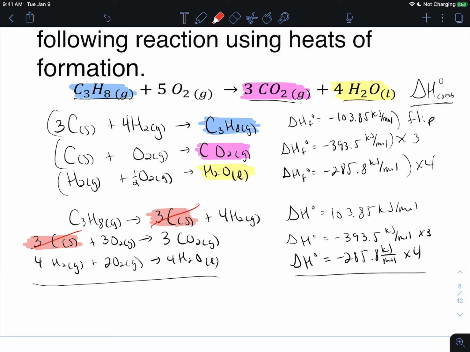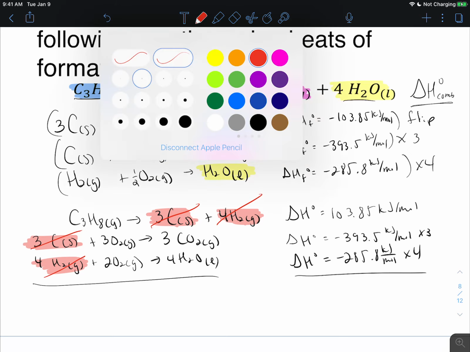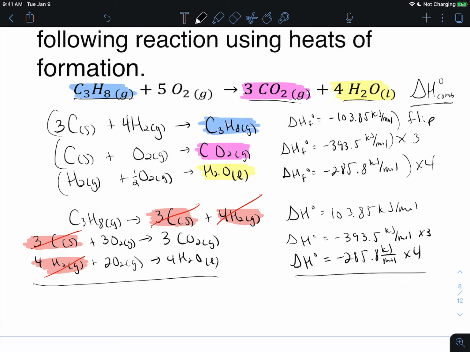And then 4 H2 molecules here, 4 H2 molecules here. They will cancel out. And then nothing else is on opposite sides of the reaction, so we can go ahead and combine C3H8 gas plus 3 plus 2 gives us 5 O2 gas.